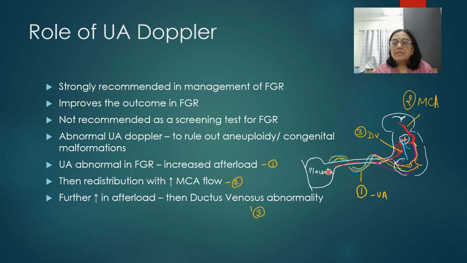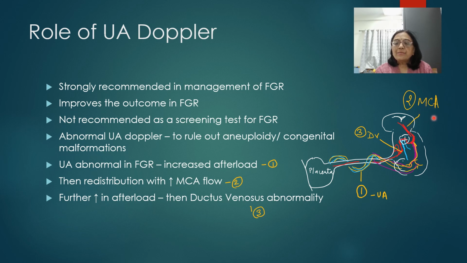But because placental resistance is present, there will be an afterload. Because of this afterload, there will be changes in the umbilical artery. Diastolic flow will keep on reducing because of this increasing resistance. Then next there is a redistribution of the blood flow, and more blood flows to the brain and heart, and that is how there are changes.